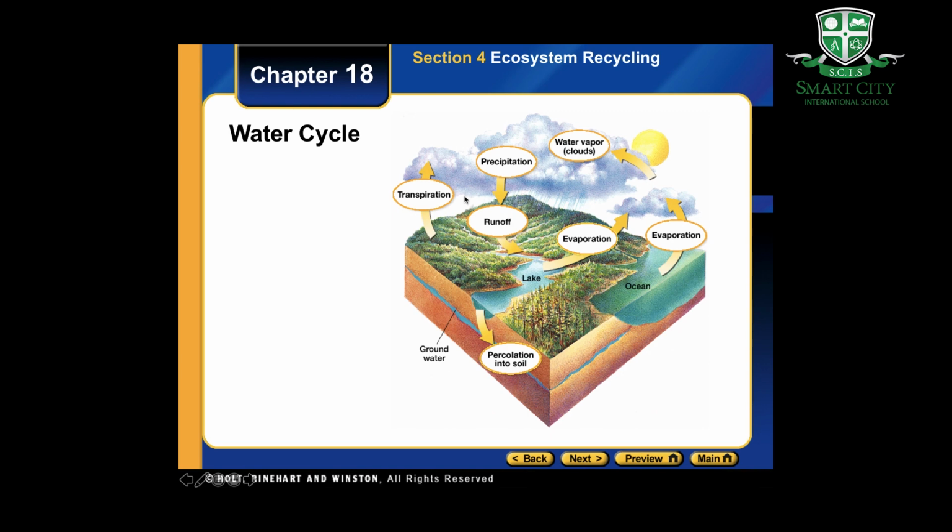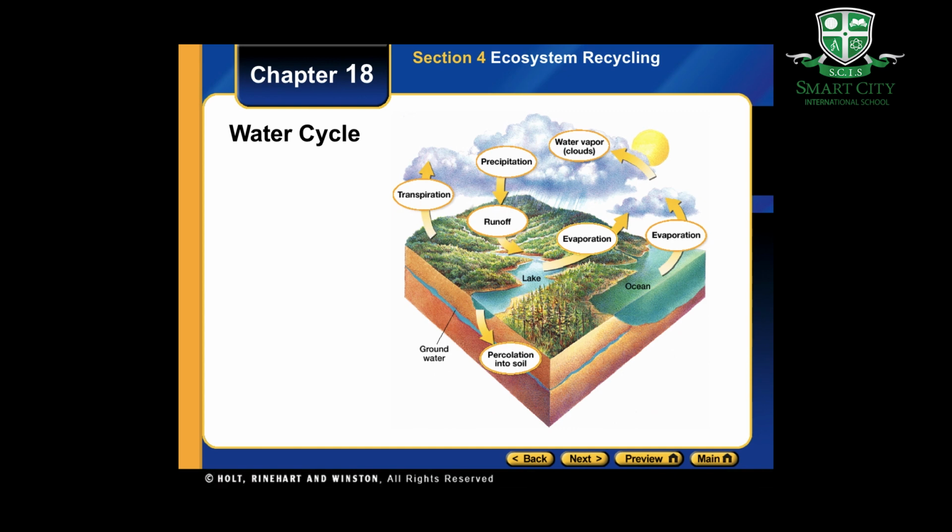So, simply, transpiration is the process by which water evaporates from the leaves of the plants to water vapor. So again, starting from the water bodies, whether groundwater, ocean, lakes, or rivers, water evaporates into water vapor, and transpiration also, which is evaporation of the water in the plants to water vapor.